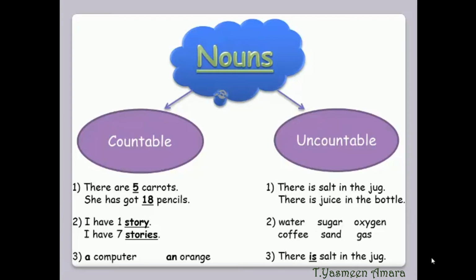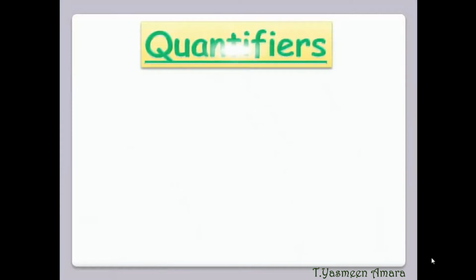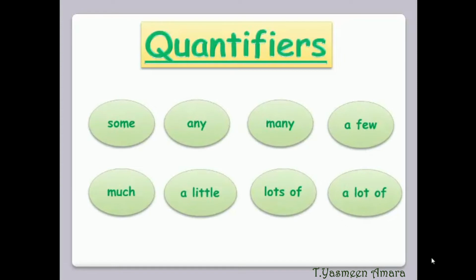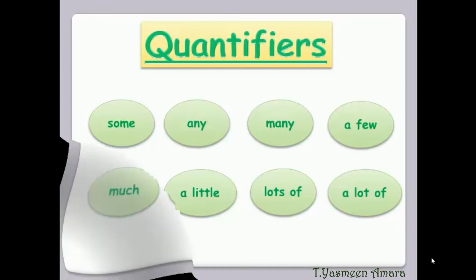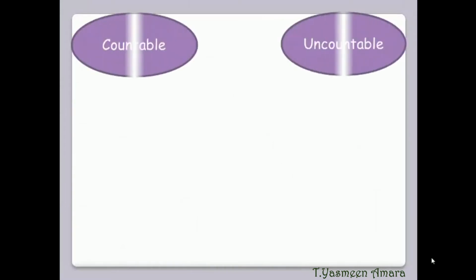Okay. Now let's see the quantifier words that are connected with the quantifiers title. They are some, any, many, a few, much, a little, lots of, a lot of. Let's classify them into countable nouns, uncountable nouns, or both countable and uncountable nouns.